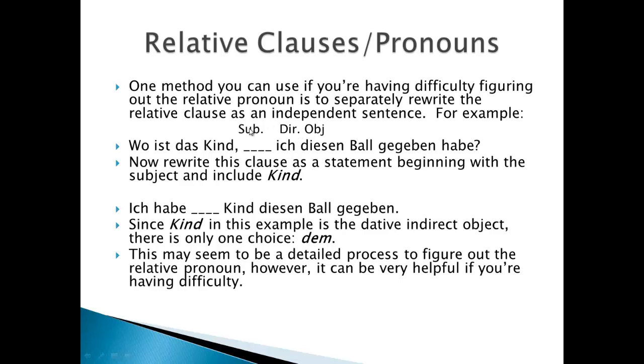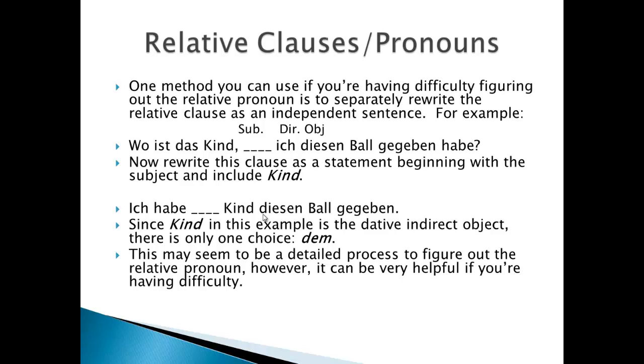The subject should be directly above ich, direct object should be above diesen Ball. So if I were to rewrite that: "ich habe Kind diesen Ball gegeben." You could rewrite it as so, just to try to figure out what that relative pronoun is supposed to be. Like I said, this is maybe a little bit extreme, but if you really want to break it down, this would be a good method to do so.